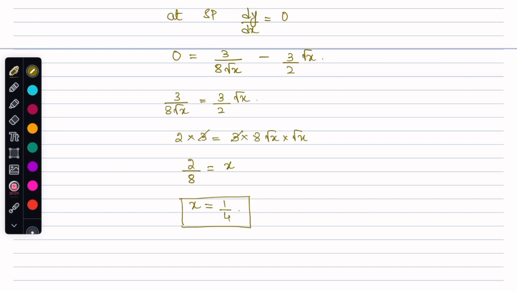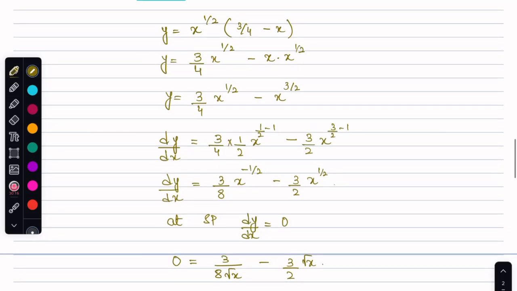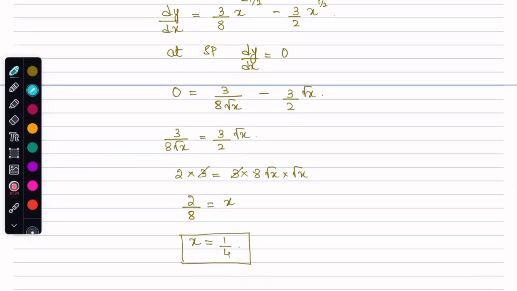Now, the coordinates of the stationary point, I shall be needing the y coordinate also. So for that I will substitute this x in the given equation.